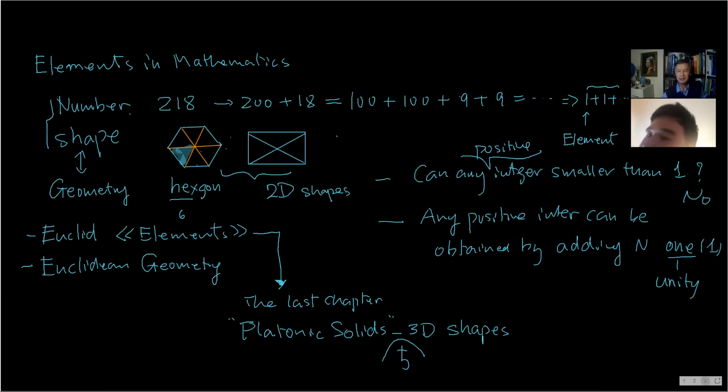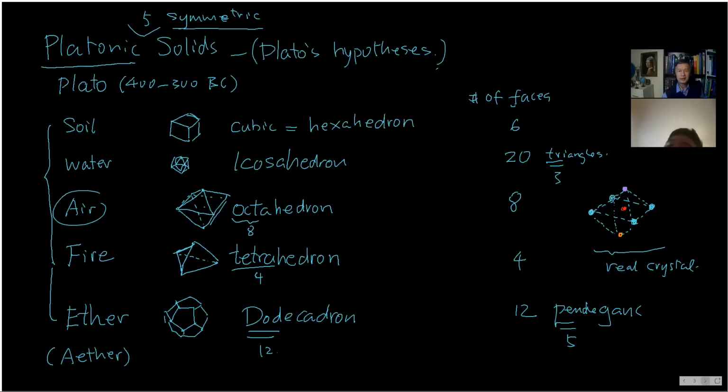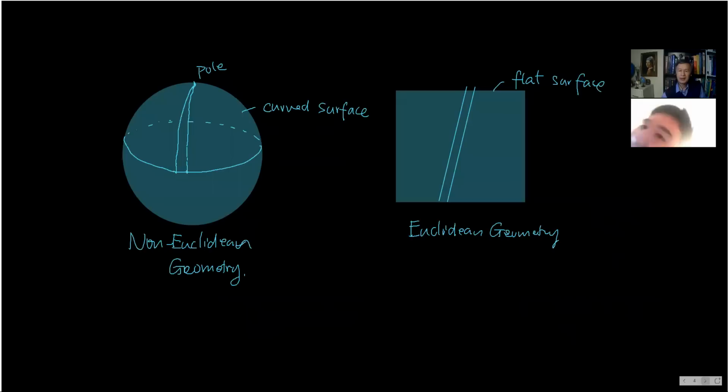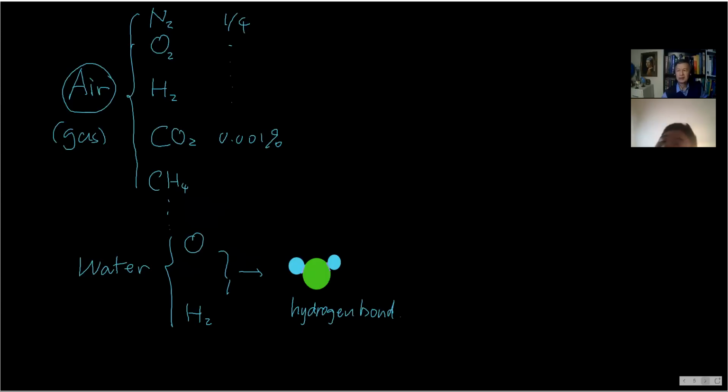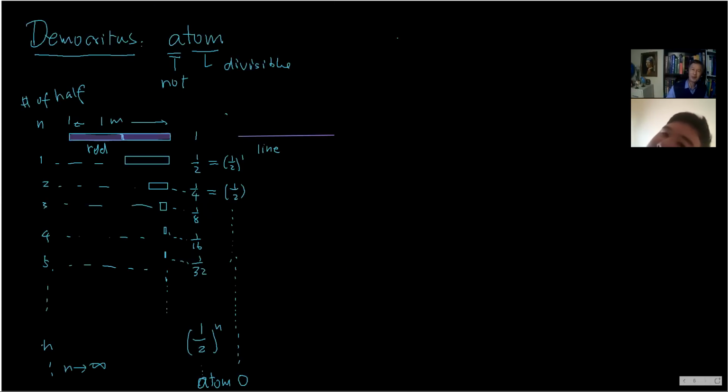We mentioned elements in mathematics, and then from there we mentioned Platonic solids. There are 5 of them. And then we discussed two types of geometry, Euclidean and non-Euclidean geometry. And then we talked about how Platonic solids are just hypotheses, ancient ideas. But more importantly, we talked about Democritus' atom.